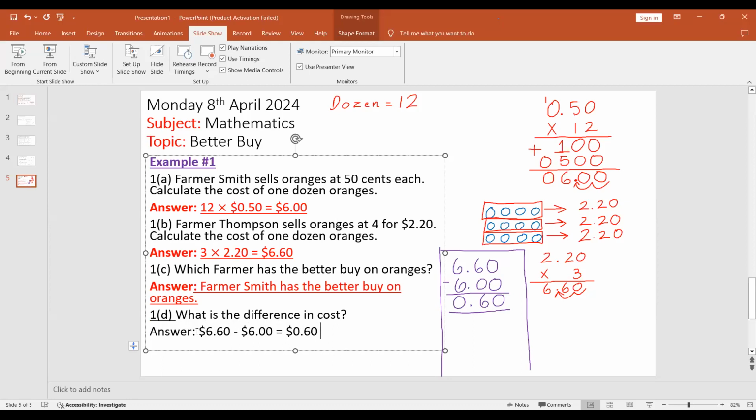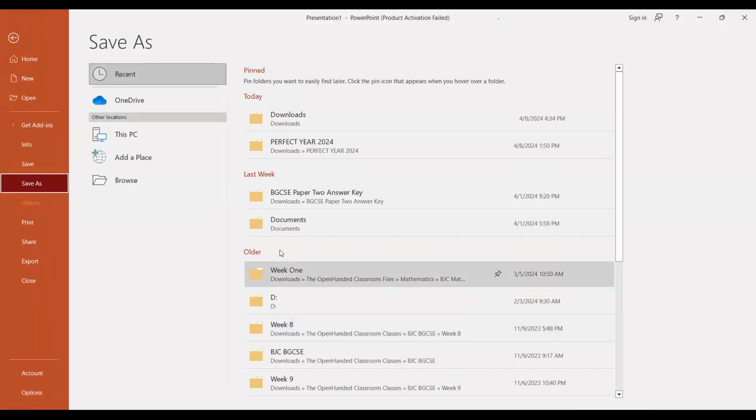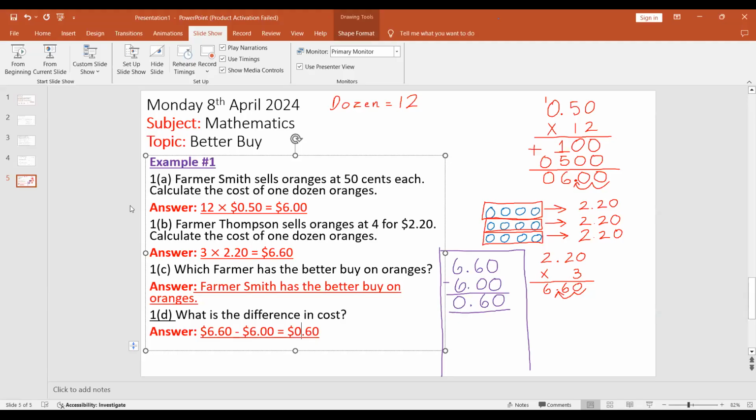So the difference in cost is 60 cents. Okay.